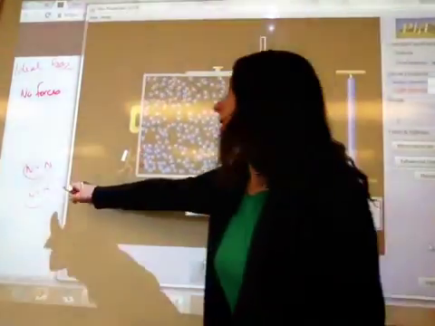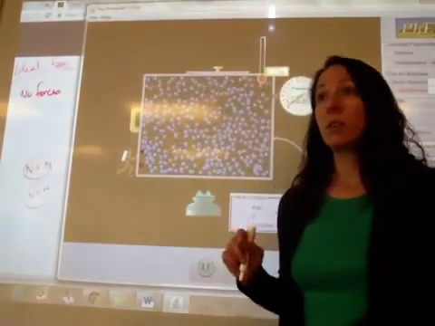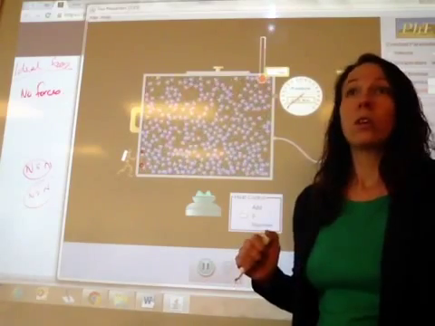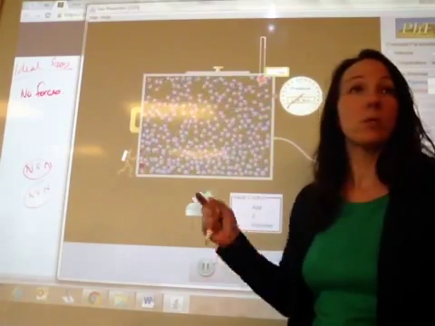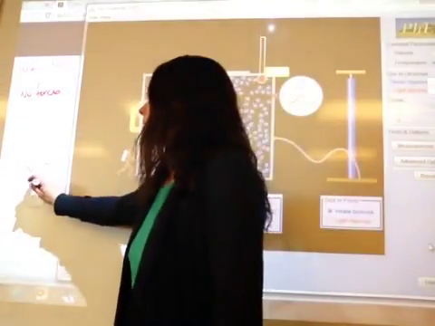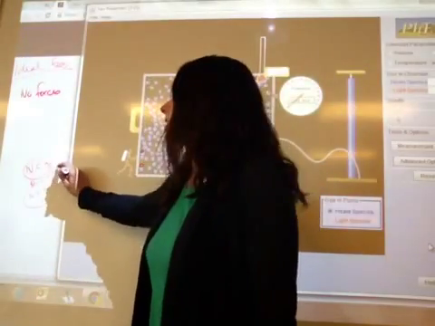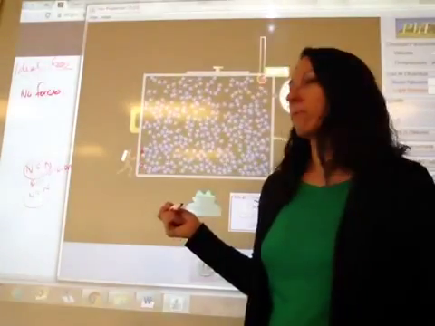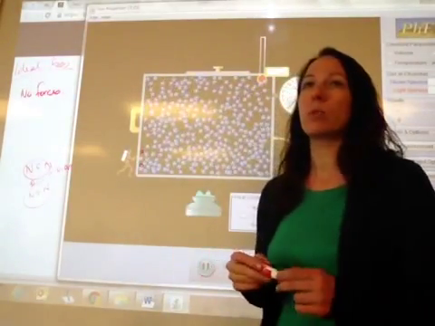Force of attraction between these 2 nitrogen molecules. Close. Intermolecular force. Specifically which one? London dispersion forces. Does it have dipole-dipole? Does it have hydrogen bonding? No, so only London dispersion forces.